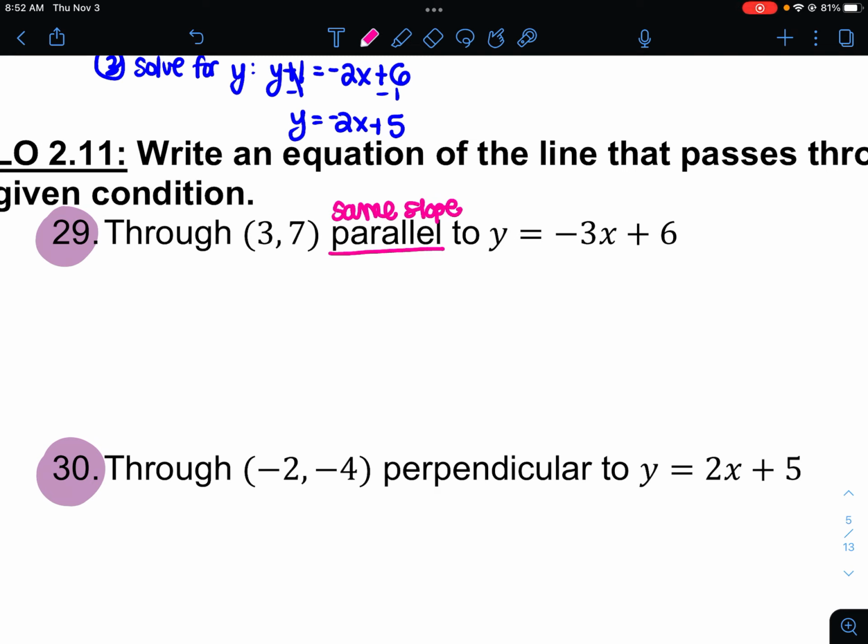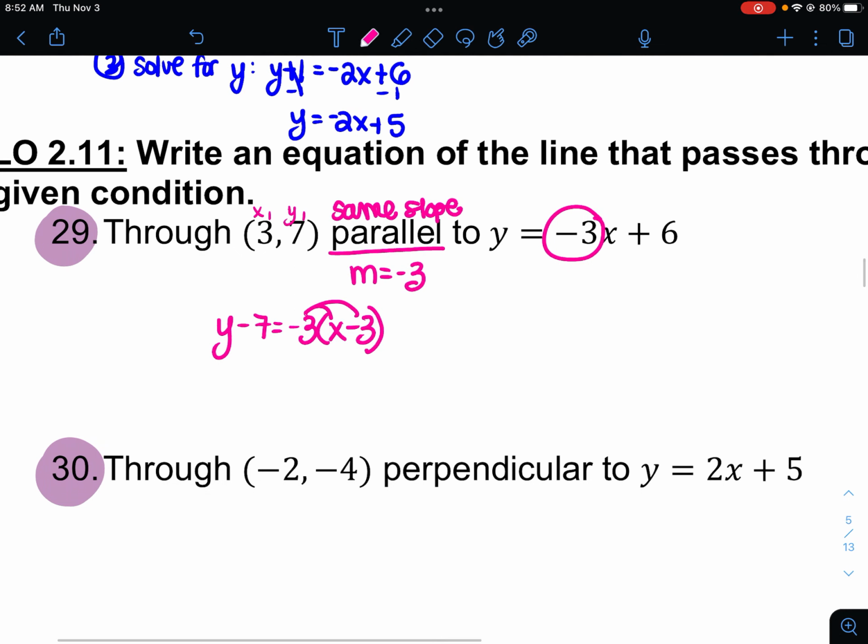So the slope that you will use will be negative 3, and you are now going to take that and plug it into point slope form. So you would do y minus 7 equals negative 3, and then x minus 3. Point slope form, distribute: y minus 7 equals negative 3x plus 9.